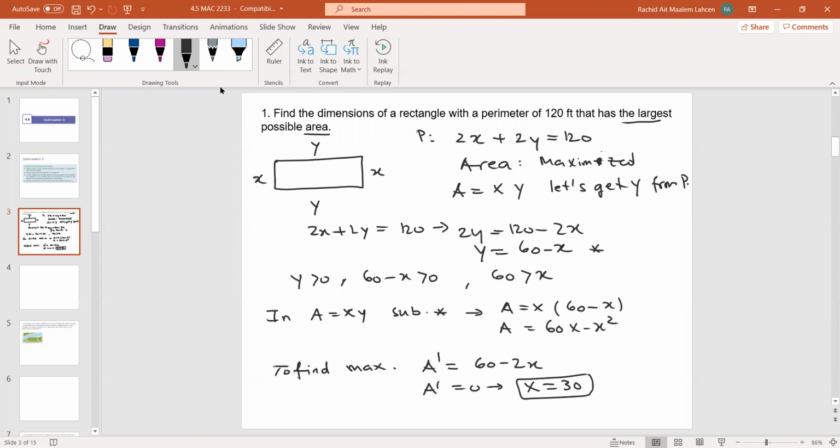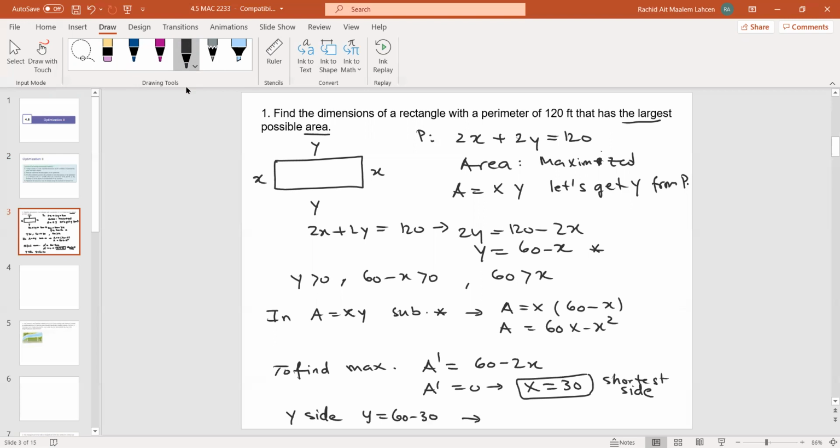And x here is the shortest side. If we want the y side, based on the rectangle idea, y is 60 minus 30.